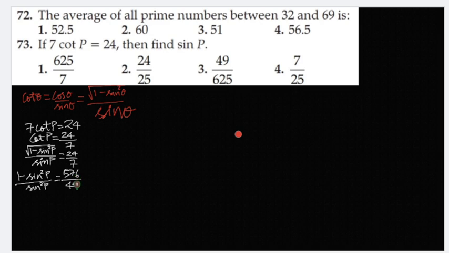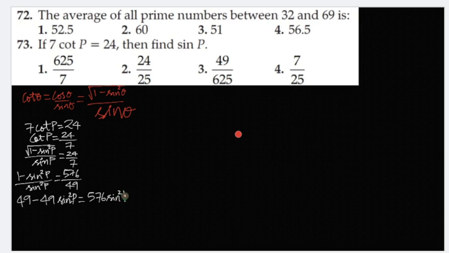Okay, so now we can take this 49 to the left hand side and this sin square P to the right hand side. So then what we will get? We will get 49 minus 49 sin square P equal to 576 multiplied with sin square P.